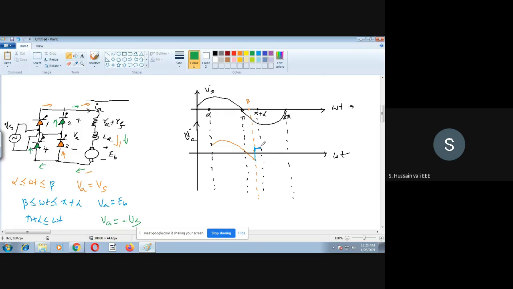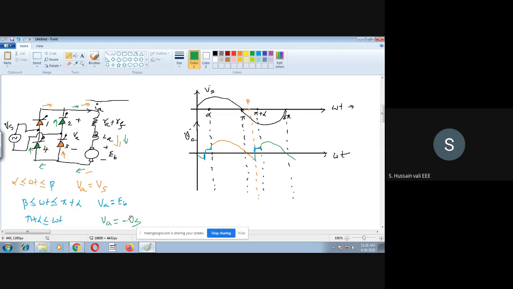You will find it will go up, then the same procedure it will follow. This blue color will be there. This kind of waveform you will find here.